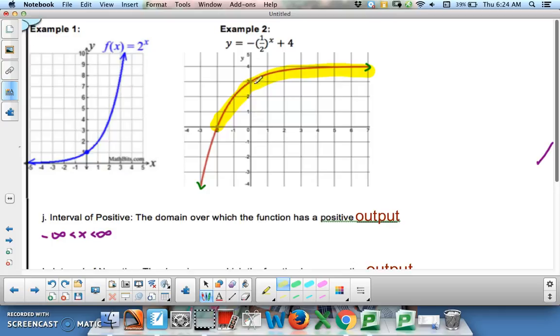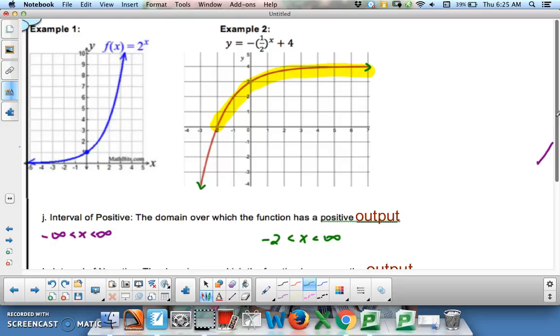If I plug in a 0, I'm getting out a 3. When I plug in a 1, I get out a 3.5, and so on and so on, and those outputs are always positive. So the way we would write that is we would say that starting when x is -2, so from -2 to positive infinity, this thing has a positive output.